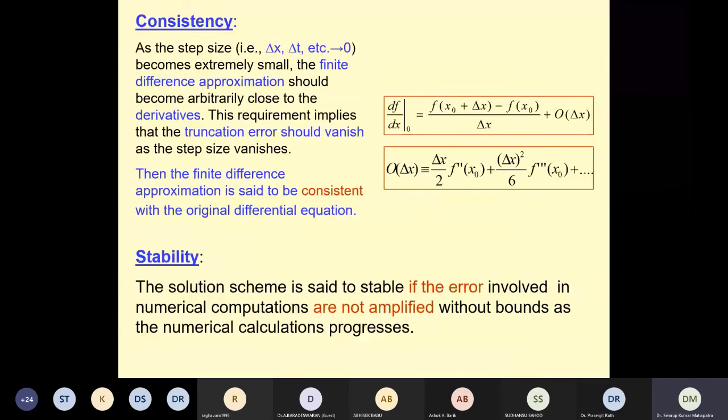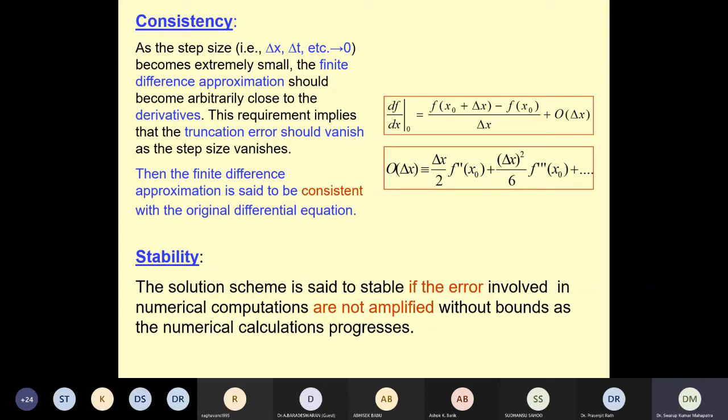In this front, we say consistency and stability. Consistency means that when delta x, the spatial size of the mesh, and delta t, the time step, approach zero and become extremely small, the finite difference approximation should become arbitrarily close to the derivatives. This is the consistency of the numerical scheme.